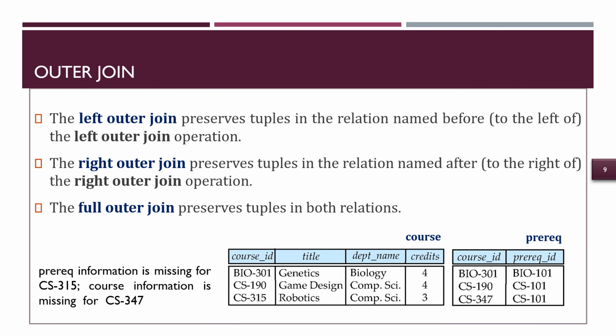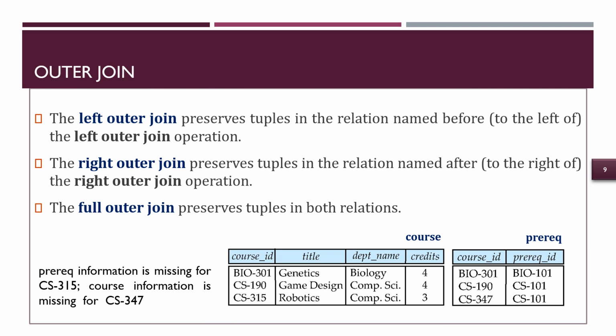Now let us consider an example. We are given two tables, the course table and the prerequisite table. The course table consists of four attributes: course ID, title, department name and credits. And the prerequisite table consists of the attributes course ID and prerequisite ID. The course information consists of three tuples with the course IDs BIO-301, CS-190 and CS-315.